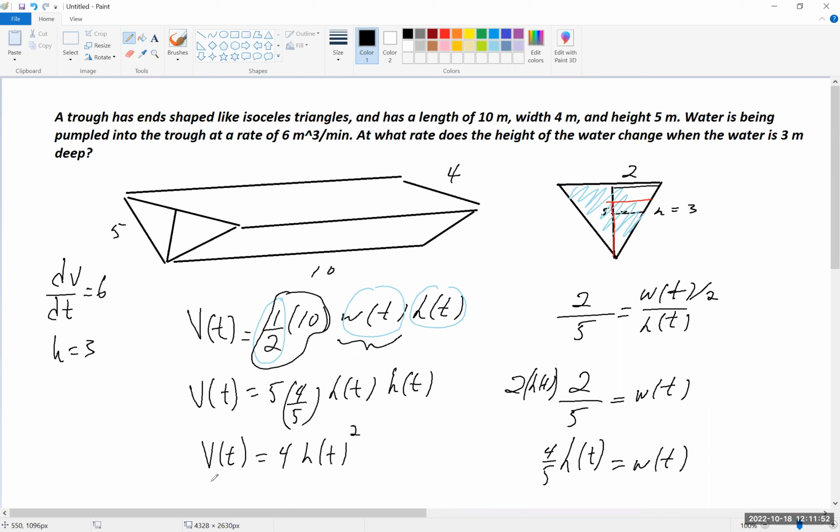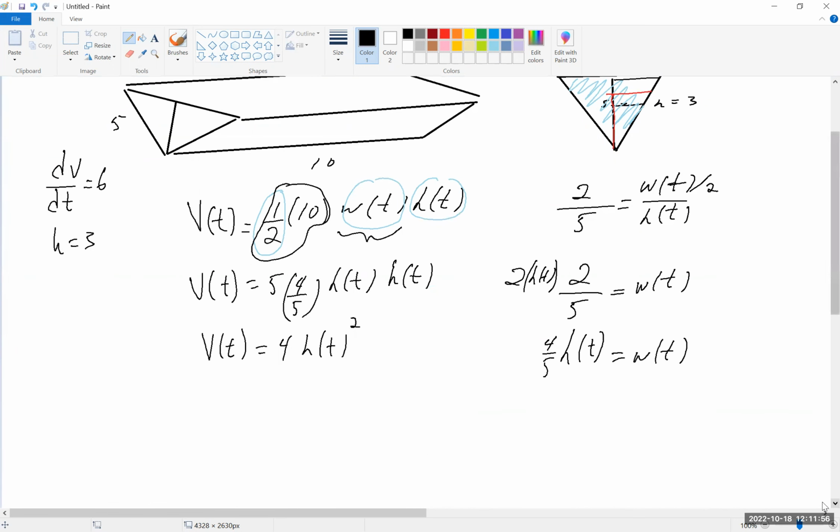Now if we differentiate there, so I've got V prime of t. Well, let's use Leibniz notation since we're going to use it on the right side.